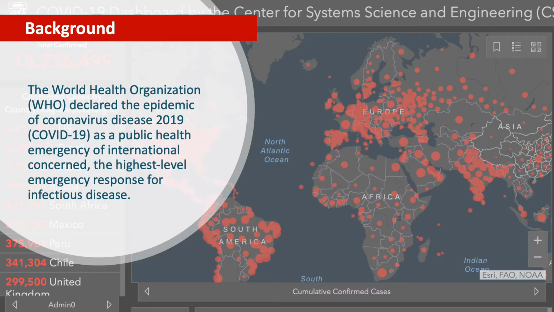In January 2020, COVID-19 was declared by the WHO as a public health emergency of international concern, the highest level of emergency response for infectious disease. Nowadays, the number of infected cases is still accelerating all over the world.